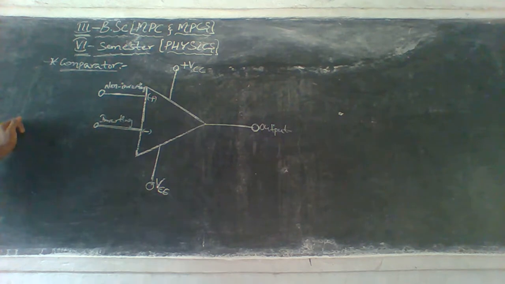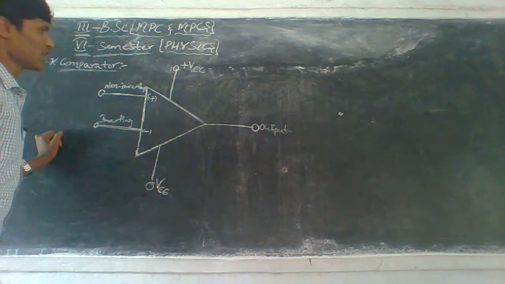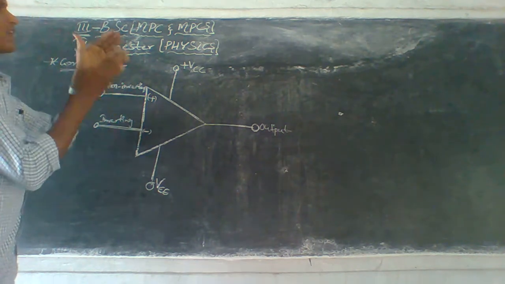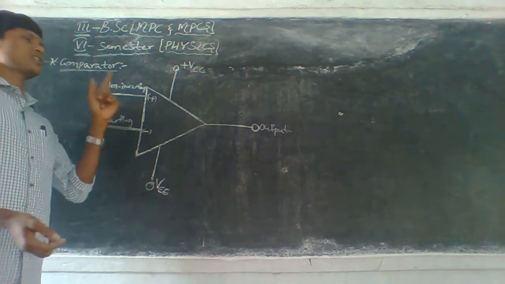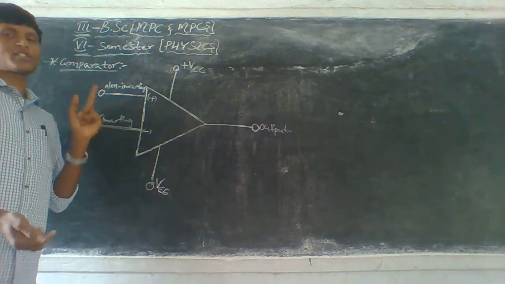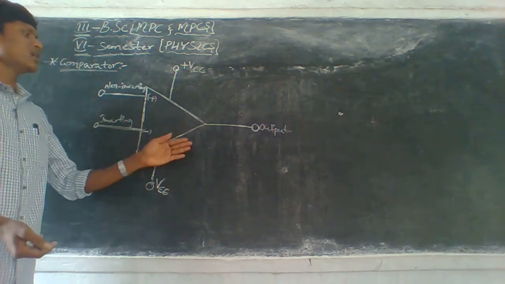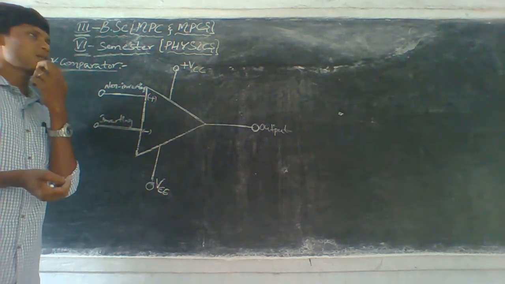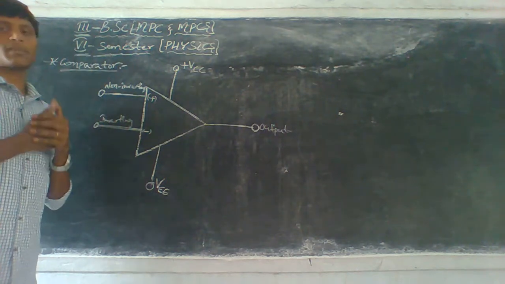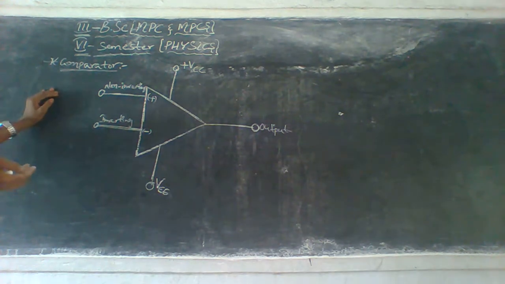So the operational amplifier has two input signals, the non-inverting input with positive charge and the inverting input with negative charge, one output signal and two supplies. This is the circuit diagram of operational amplifier.